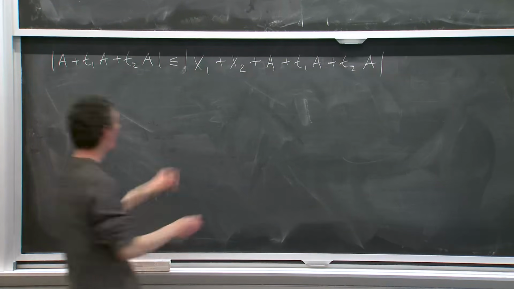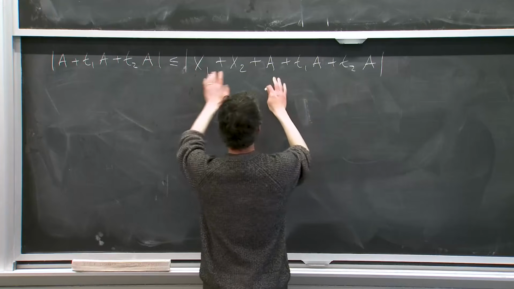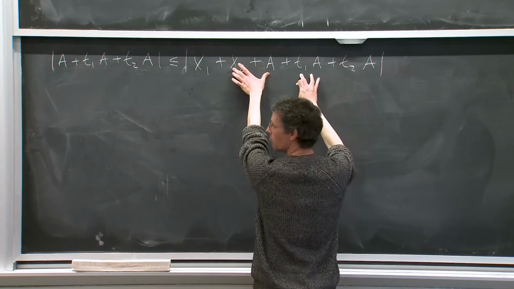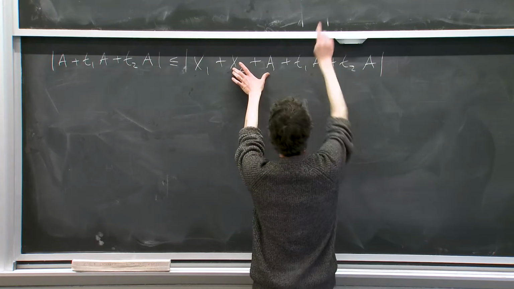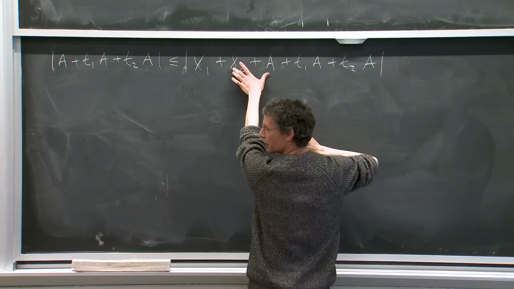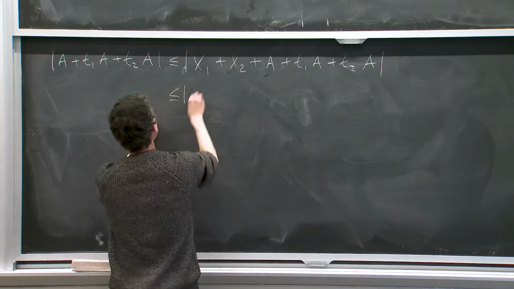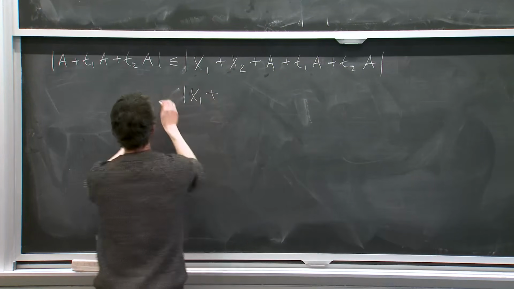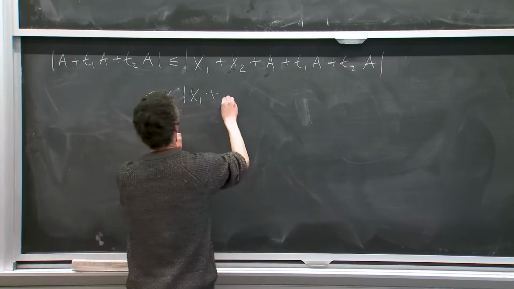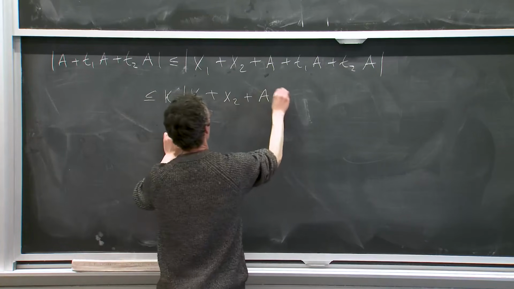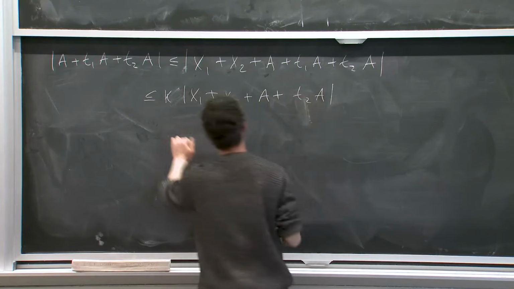All right, so now this has the form x1 plus some stuff plus T1A, and I can get rid of the T1A by main lemma 1. So that's less than, I pick up a factor of k, x1 plus x2 plus A plus T2A.